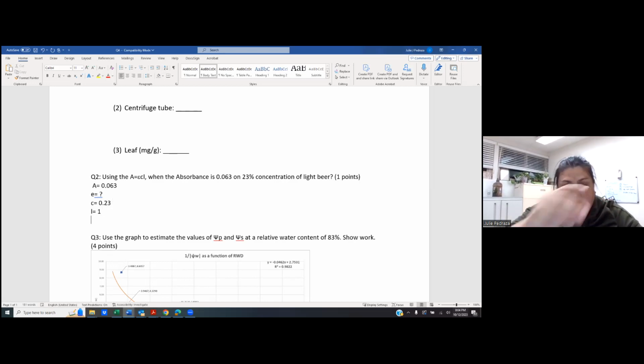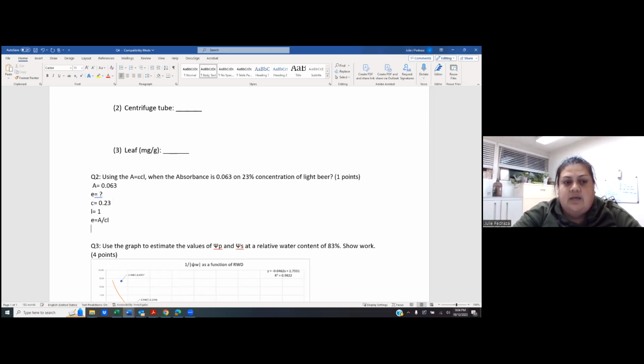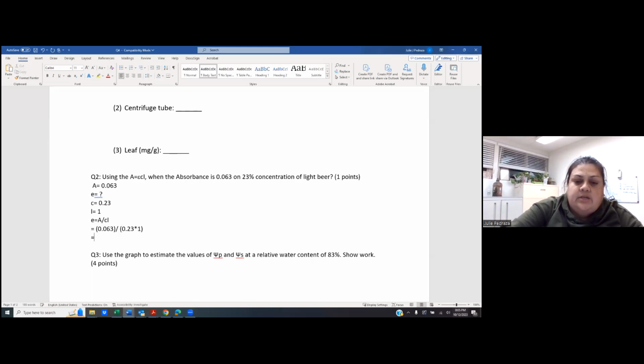So we're rewriting the equation. Coefficient equals absorbance divided by concentration times length. Therefore, we rewrite it as absorbance divided by concentration times length, which equals what?